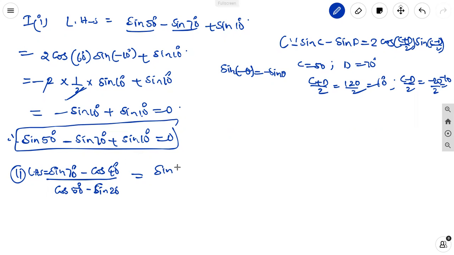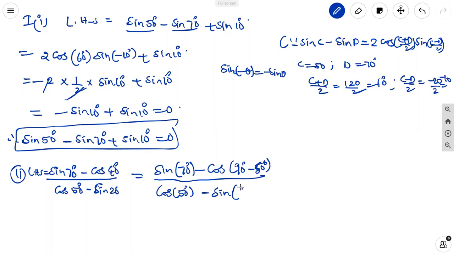That is suitable. Sin of 70 degrees minus cos of 40 degrees, written as cos of 90 degrees minus 50 degrees, by cos of 50 degrees minus sin of 20 degrees, written as sin of 90 degrees minus 70 degrees.